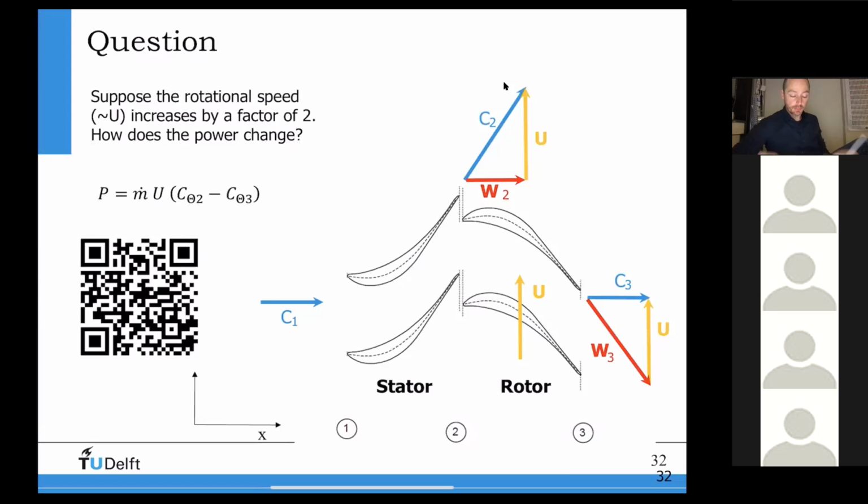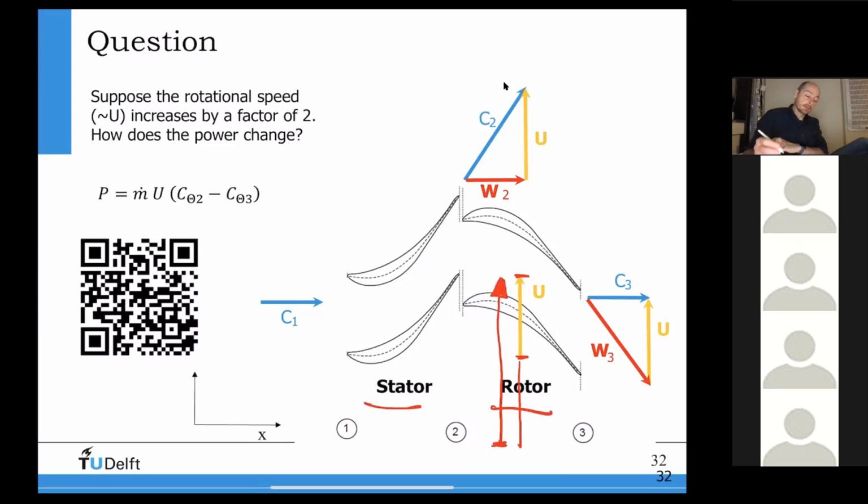Suppose the rotational speed of this turbine, this is the stator and the rotor, increases by a factor of 2. The rotational speed increasing by a factor of 2 means this one and this one. My new U is this value. This is my new rotational speed. So I have increased the rotational speed by a factor of 2 for this turbine configuration. How will the power change?